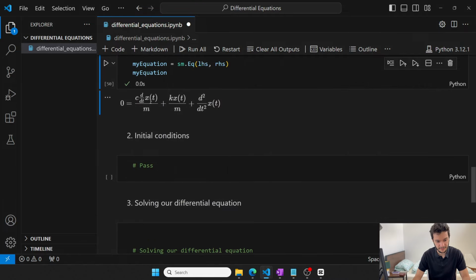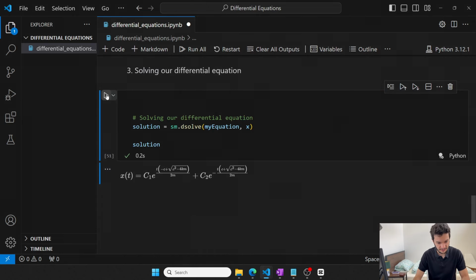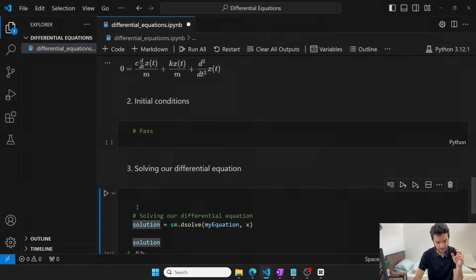We have a homogeneous equation in this case. We don't have any external forces. If I run this again, you'll see that this is a very nice looking solution. You'll notice that here we have C1 and C2, which are arbitrary constants, since we didn't specify the actual initial condition of our problem.